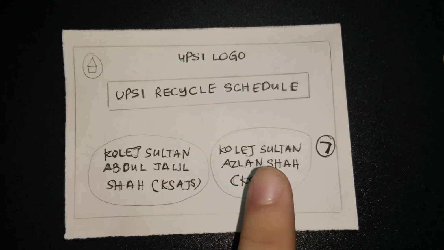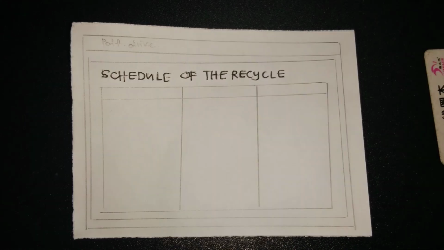And the same goes for the recycle schedule at College Sultan Azlan Shah. If the user wants to know about the recycle schedule at College Sultan Azlan Shah, the user just needs to touch on the College Sultan Azlan Shah schedule, and it will go directly to the Google Drive, and the schedule of the recycle will appear.